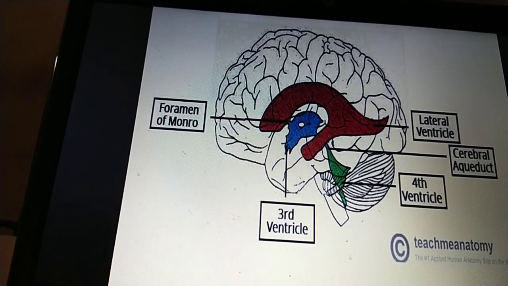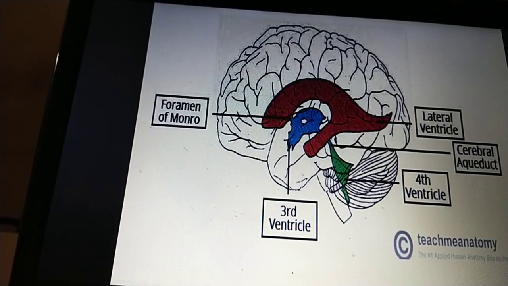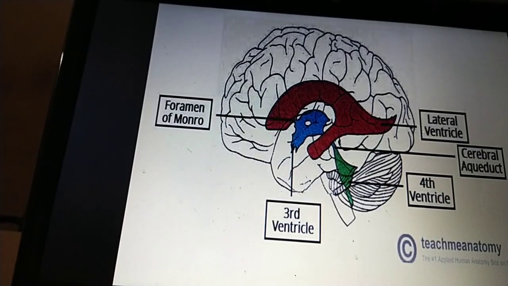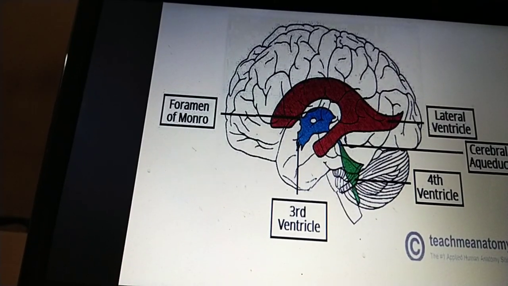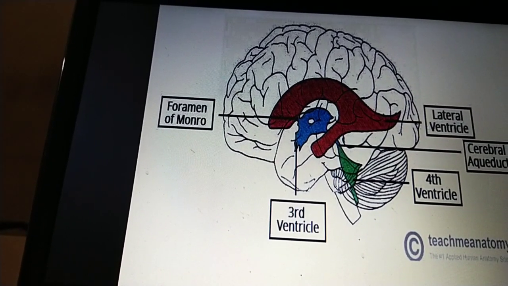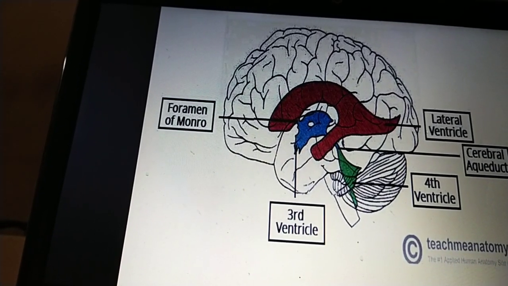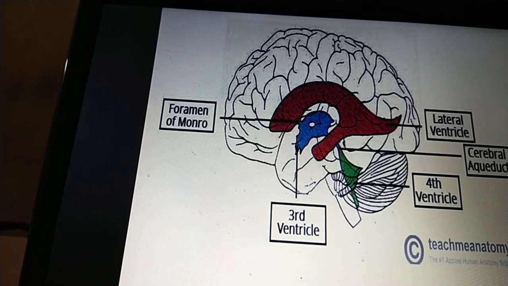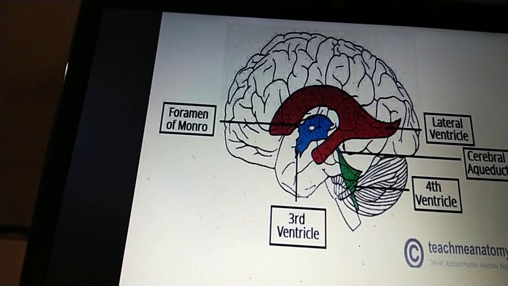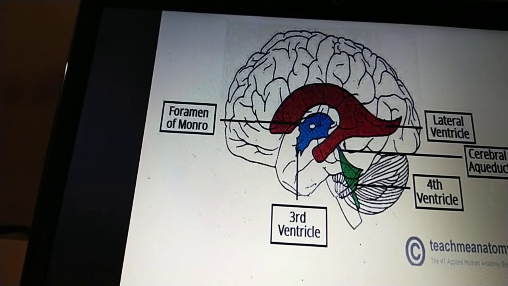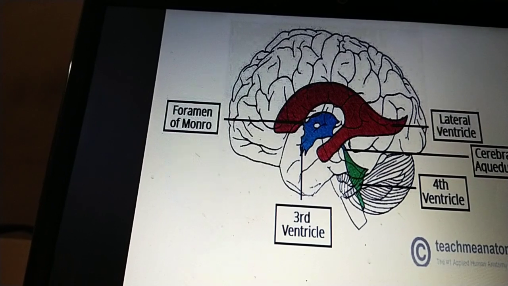These are four in number: two lateral, one third, and one fourth. These are the communicating cavities present within the brain, and these structures are responsible for the production, transport, and removal of the cerebrospinal fluid.